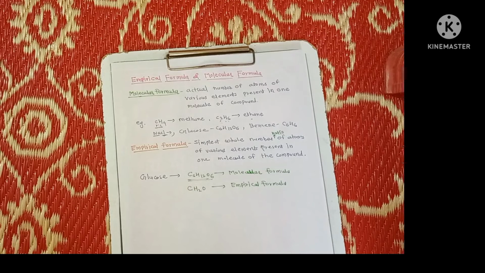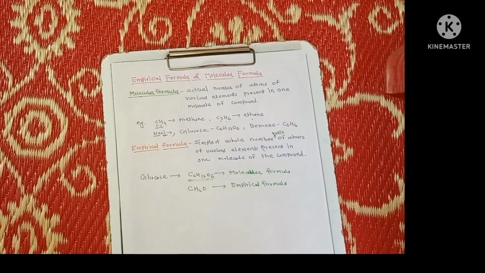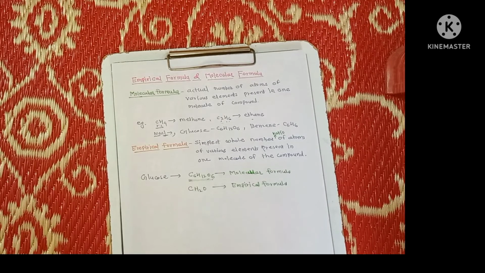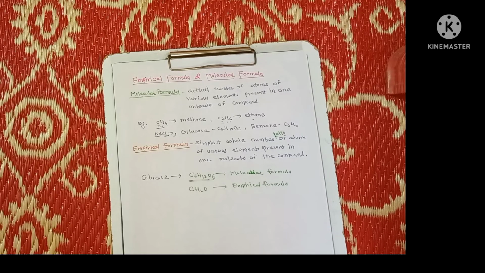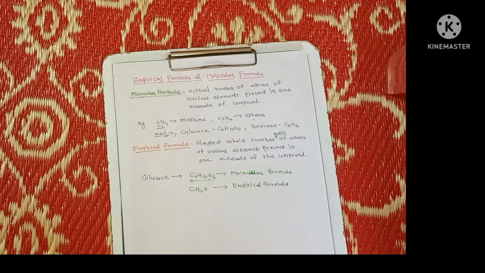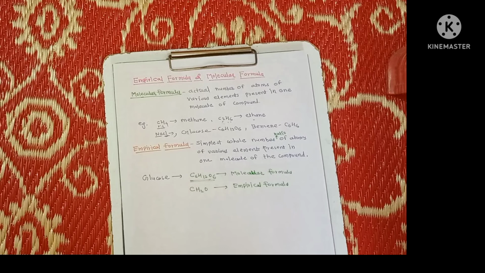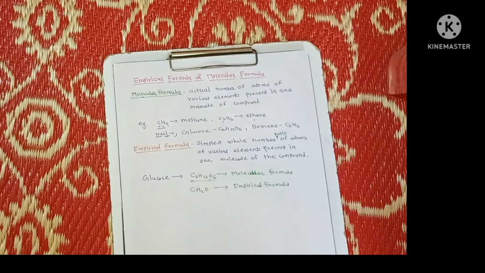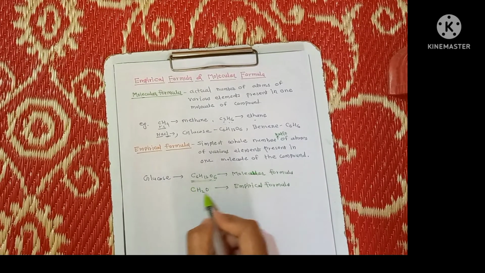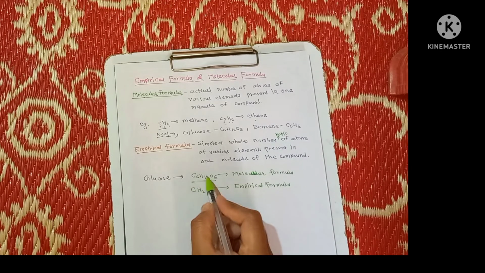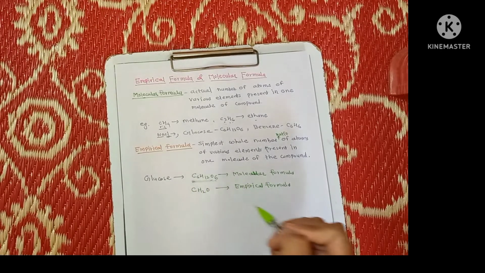But the empirical formula means that whatever number of elements are present in one molecule of the compound, we have to calculate their simplest ratio. So if we multiply this compound by 6, it again becomes the molecular formula of glucose.